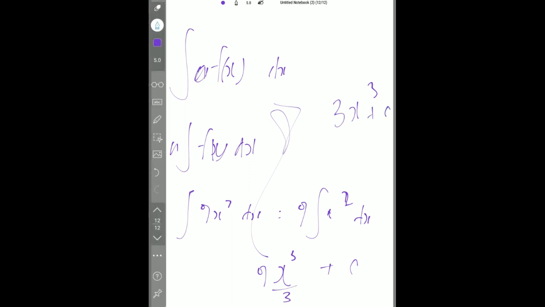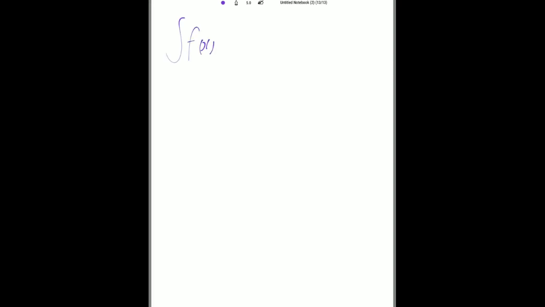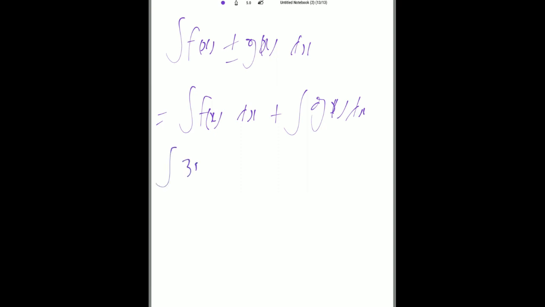Now, if we were to add two functions that are being integrated. For example, the integral of f of x plus or minus g of x with respect to x would be equal to the integral of f of x with respect to x plus the integral of g of x with respect to x. And that's simple enough. So if we have, for example, the integral of 3x squared plus 4x cubed with respect to x, all we're expected to do is to integrate them as single functions.